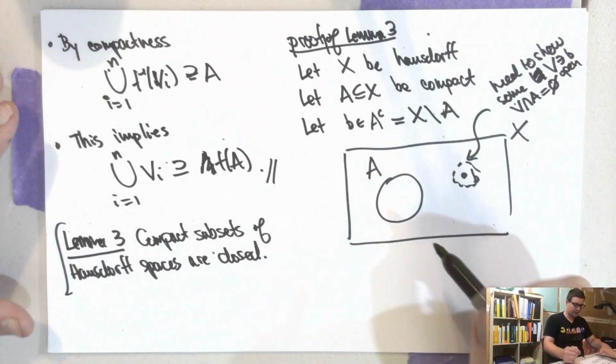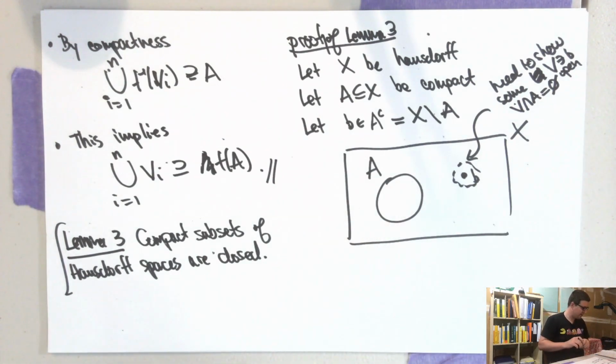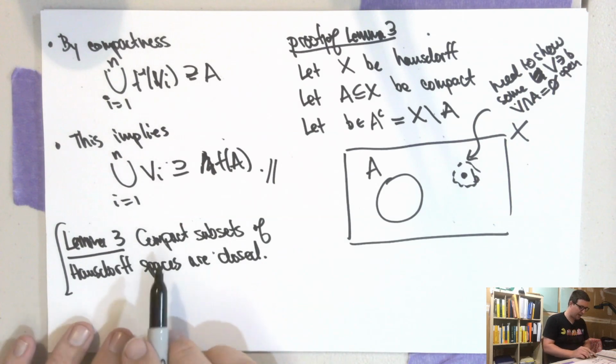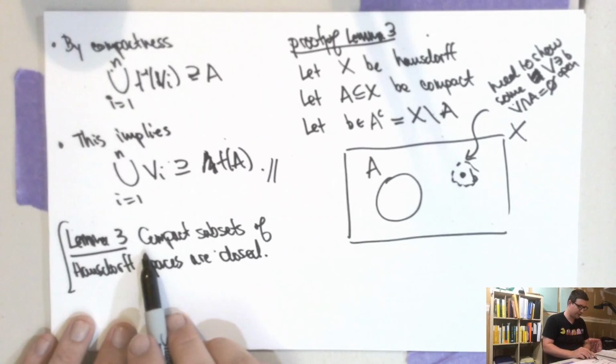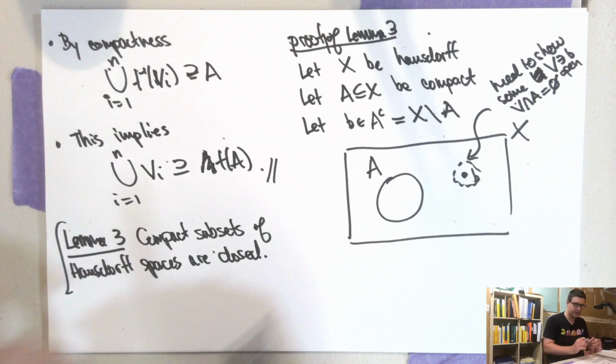All right, so let's proceed. We're going to try and use all the hypotheses: that A is compact, and that the space is Hausdorff, so that two points can be separated by little disks.